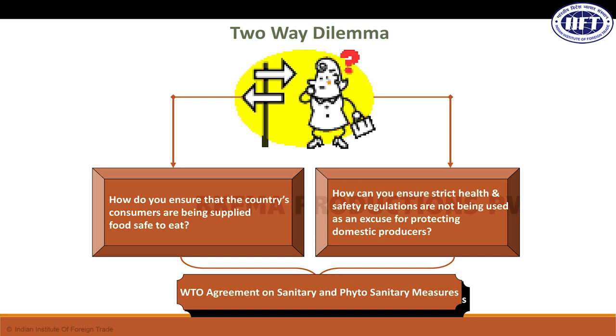Therefore, under the basic WTO principle of most favored nation, if you are supplying Alfonso mangoes to the US and Pakistan is also supplying them to the US, as per the WTO agreement the customs of the US will have no discrimination between the SPS standard offered to the Pakistani Alfonso mango and the Indian Alfonso mango. This concept is called the MFN concept, a basic principle of WTO applicable to this particular agreement.